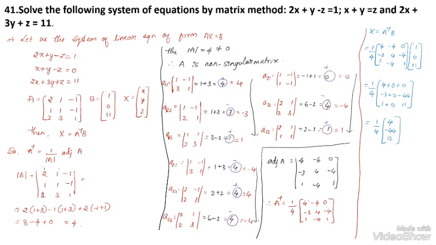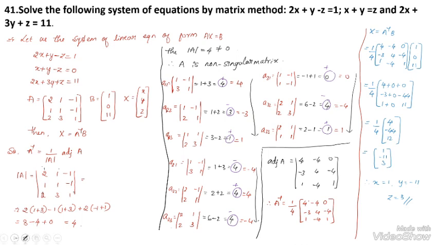The second row, divide each term by 4, then that is 1, minus 11, 3. Therefore, x is equal to 1, y is equal to minus 11, and z is equal to 3. This is the solution of the given problem.